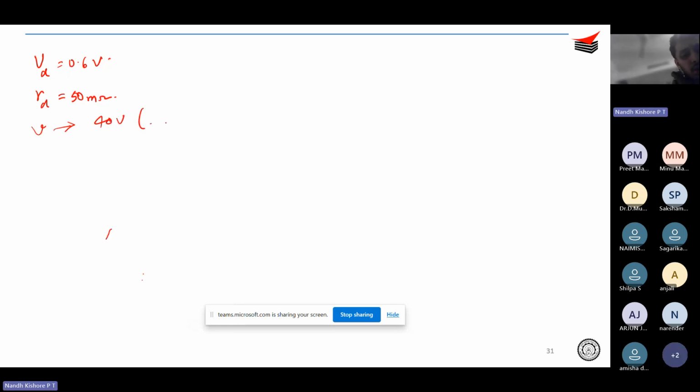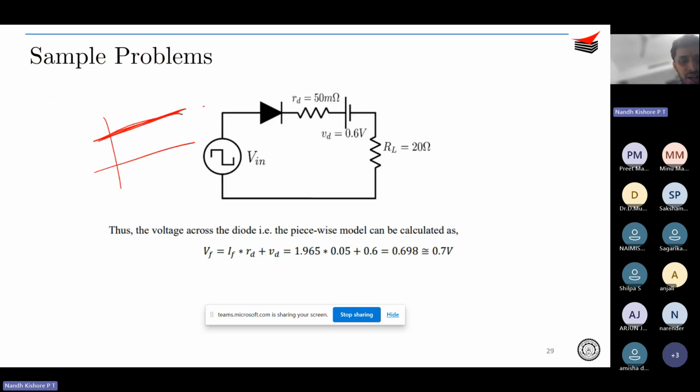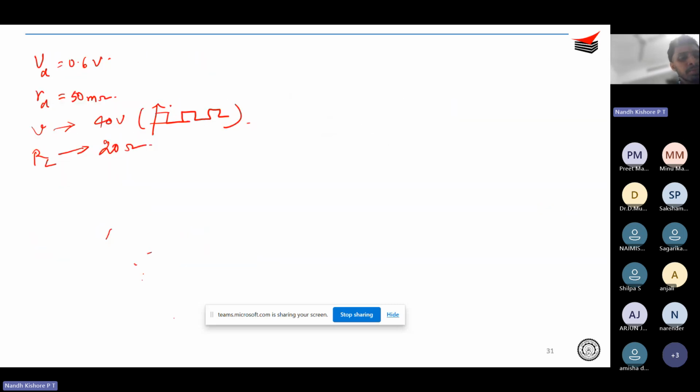However, it's a pulsed wave, right? It's going to be something like this. So this is your V, and your RL is 20 ohms. Find out your P loss.